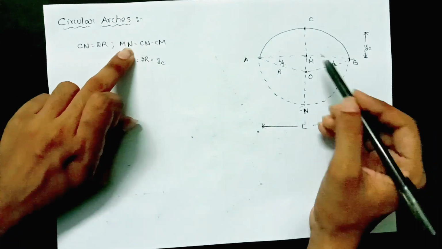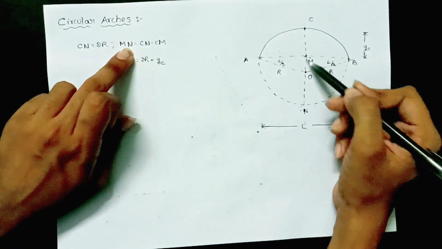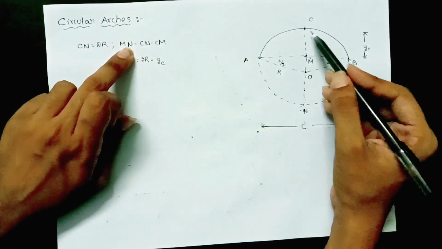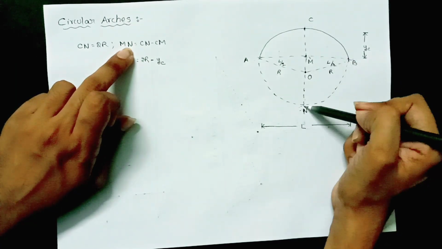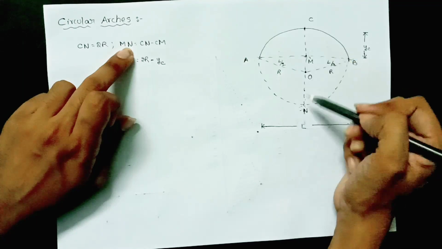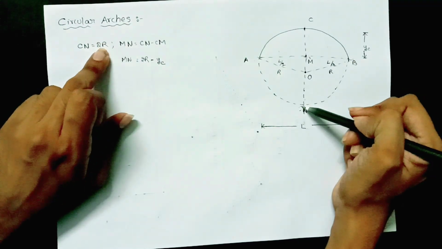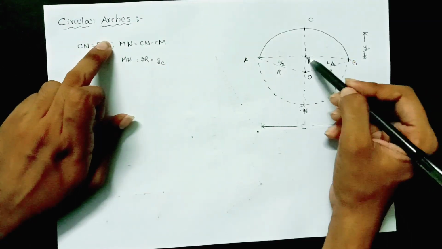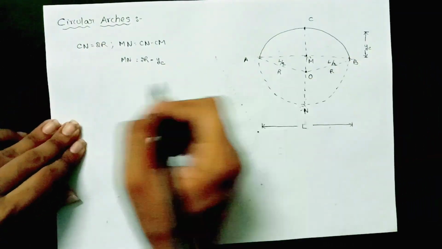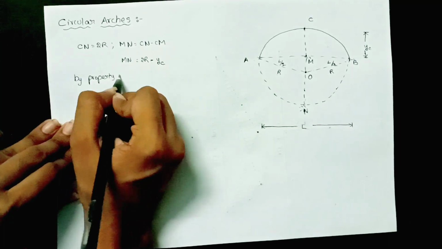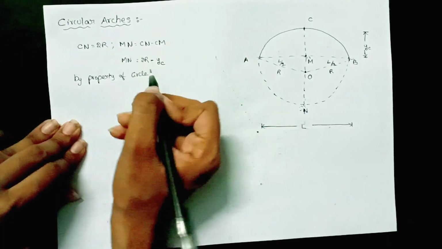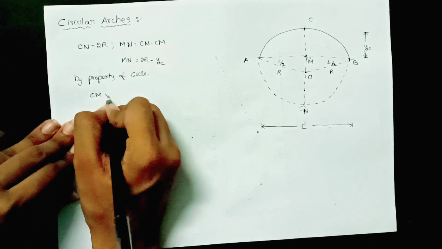MN is this part, and to obtain this length I am subtracting CN minus CM. CN is the diameter, 2 times the radius, minus CM, the central rise Yc.